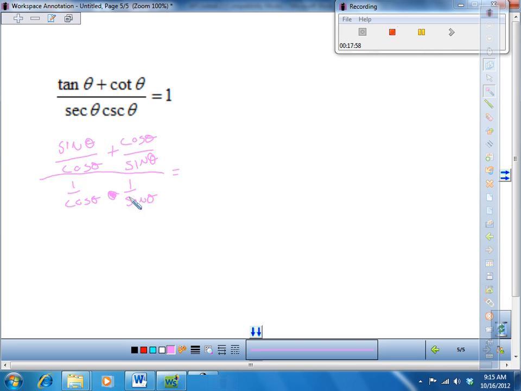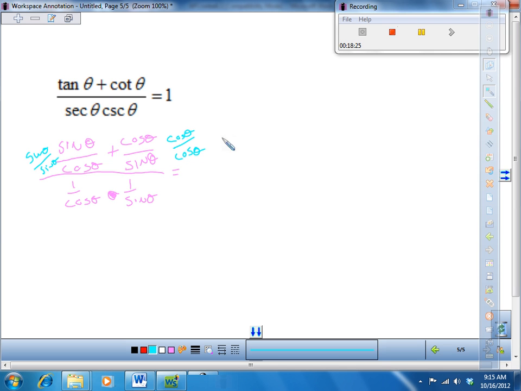Okay? So now what I'm going to do is find a common denominator for this top fraction. I'm going to multiply this by, what am I going to multiply this by? Sine of theta over sine of theta. And what am I going to multiply this by? Cosine theta over cosine theta.